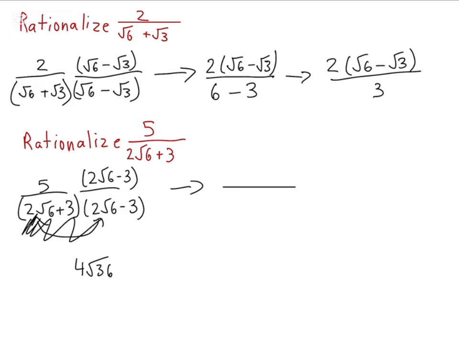And once again, this is a difference of squares, so the minus and the plus are going to cancel out the two middle terms, and the only other thing will be plus 3 times minus 3, so minus 9. So this is going to be 4 root 36 minus 9. So that's good there. And then the top, we can't really simplify right now.